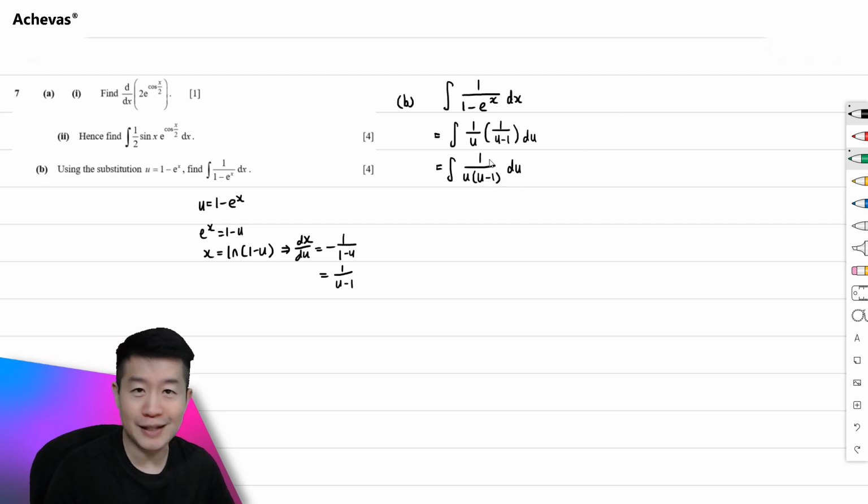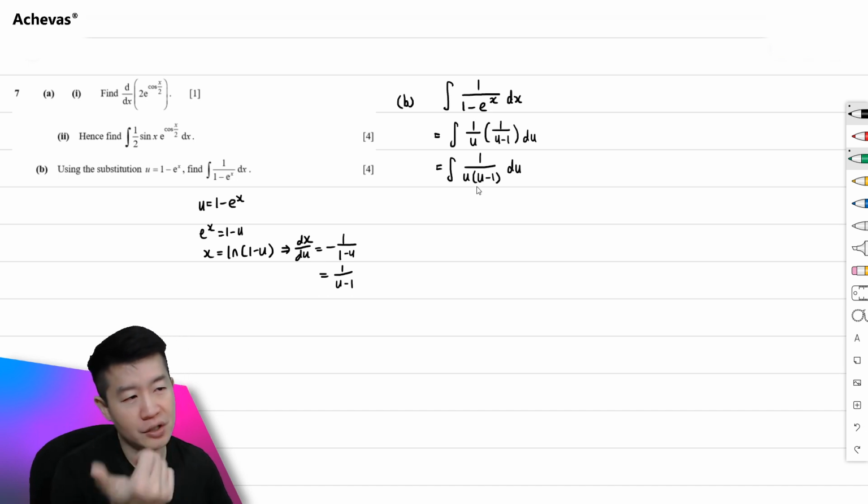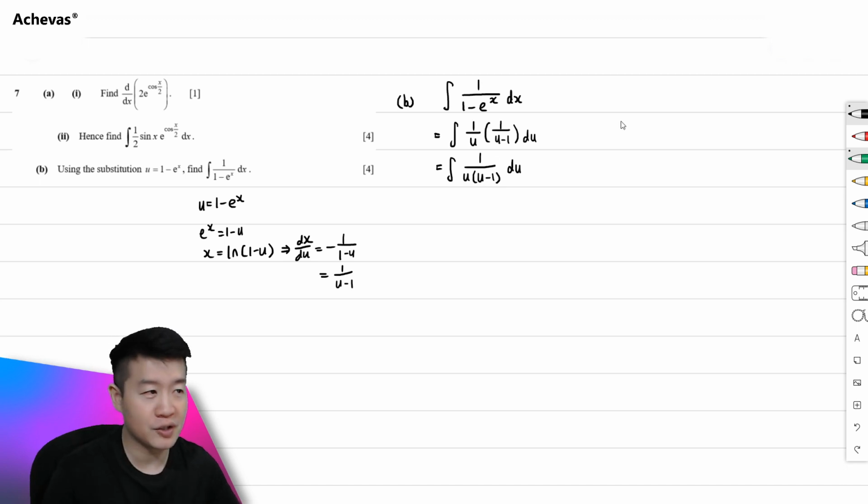And at least it is obvious to me that one good strategy that I can make use of is partial fraction. You can either use partial fraction, or you can probably also try to expand this and then do a completing the square. But I'm going to just go for partial fraction. So I'm going to re-express this 1 over u times u minus 1 as a over u plus b over u minus 1.